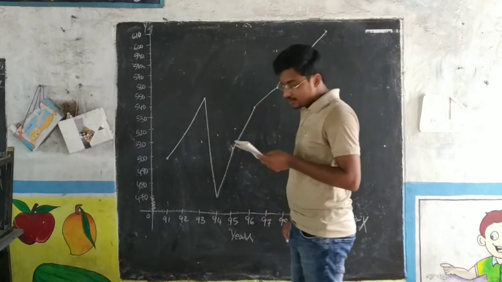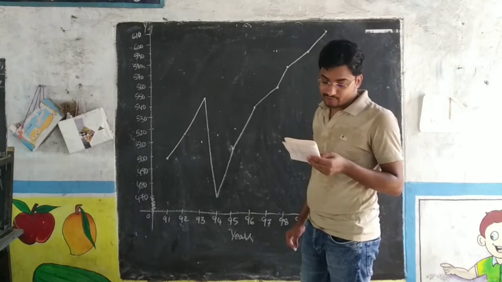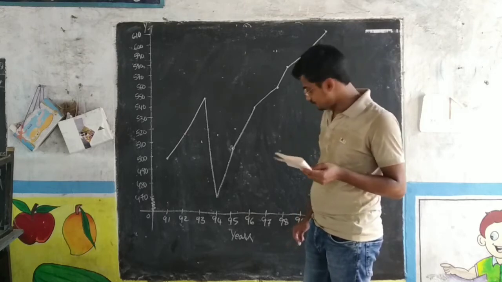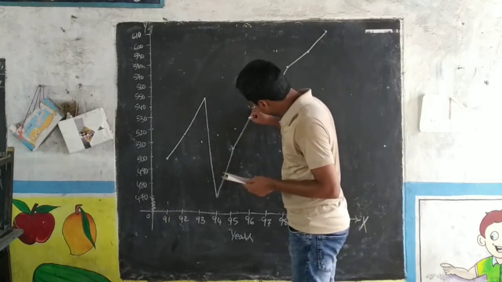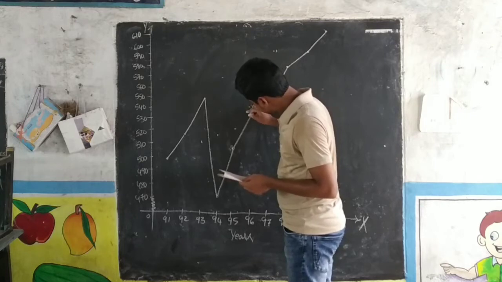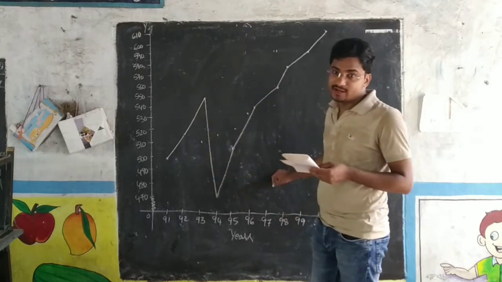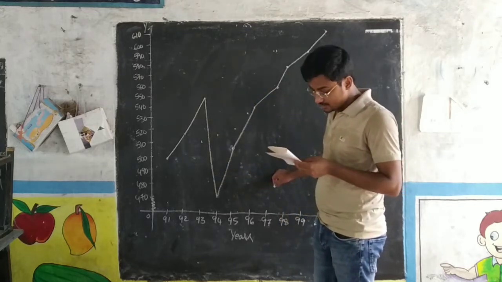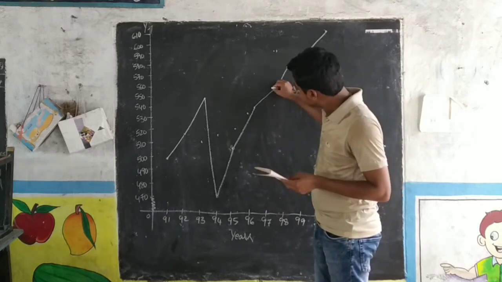Next, 1996 value is 532.5, approximately 533. 1997 value is 555.